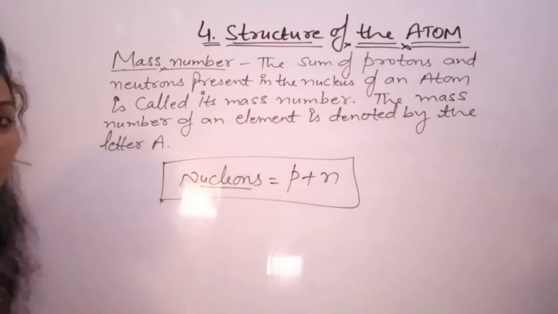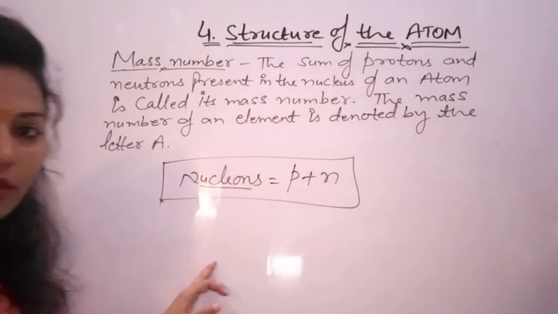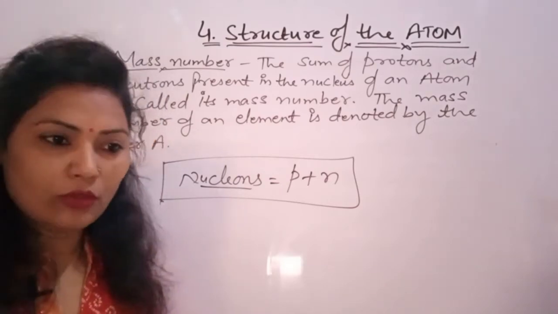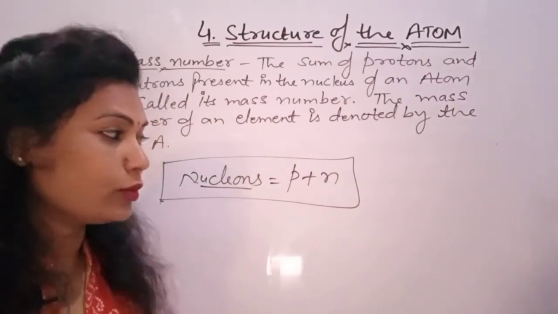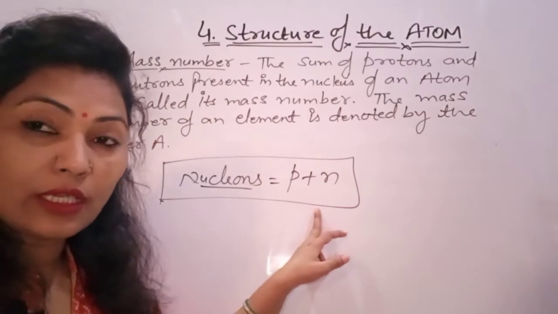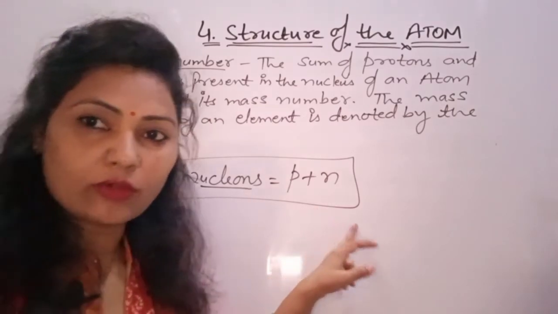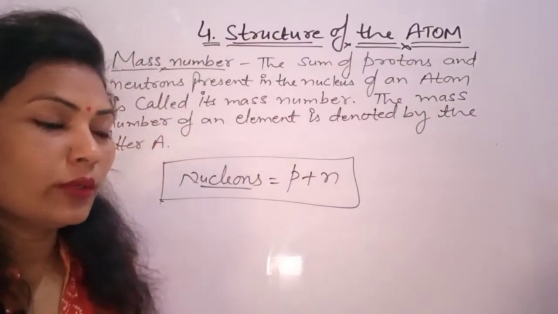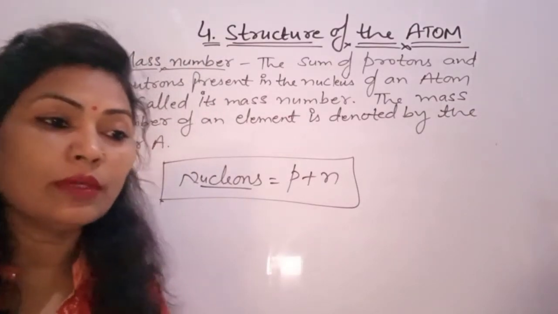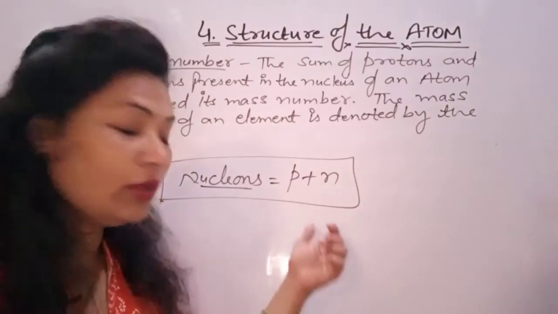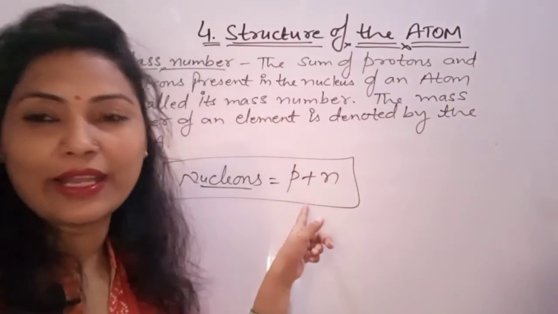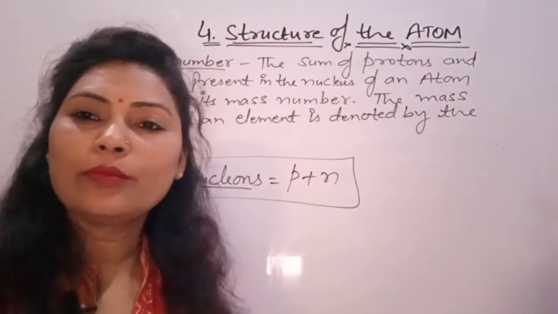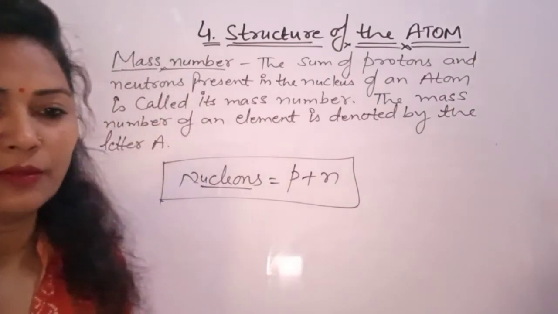Got it? So just remember that nucleons are the total number of protons and neutrons present in the nucleus of an atom. And so the total number of nucleons present in an atom of an element is known as its mass number.